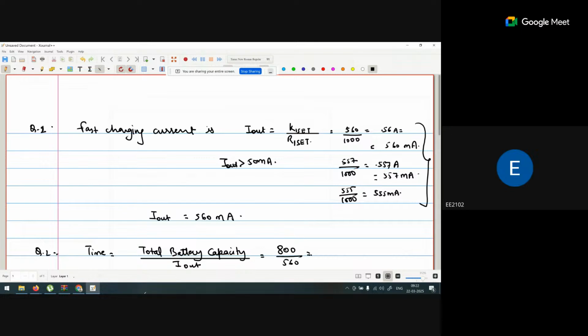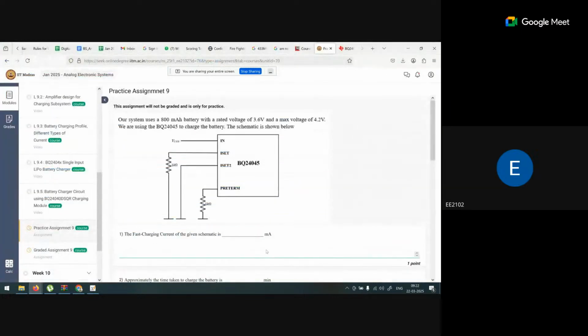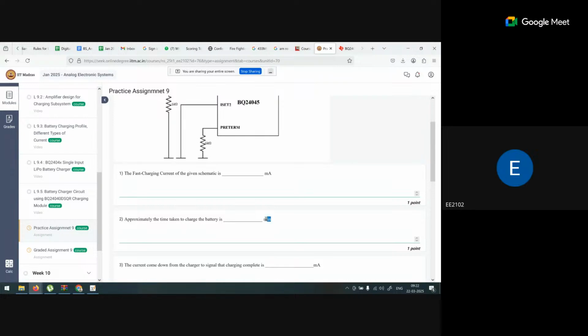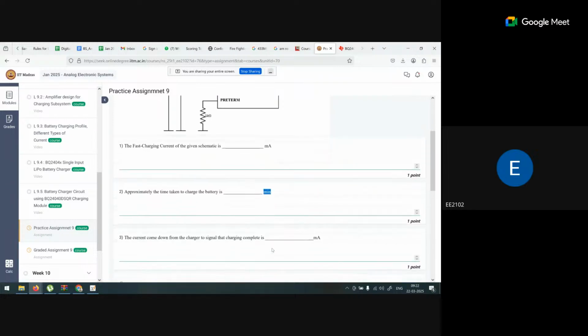You can calculate this; the time is in hours because the battery capacity is in milliampere hour. They are asking for minutes, so you can convert it to minutes.